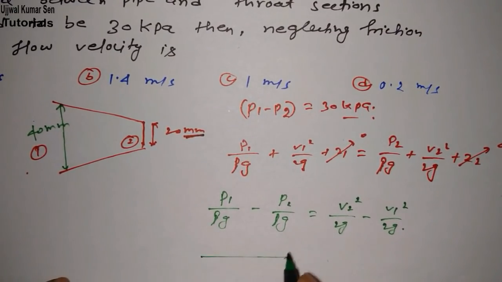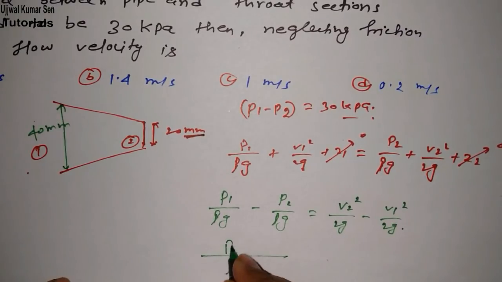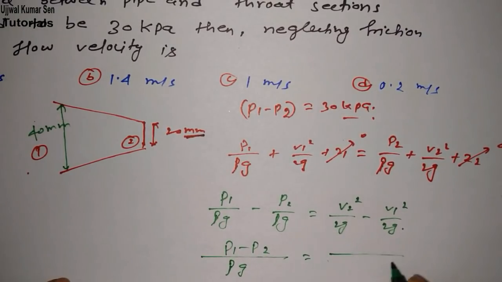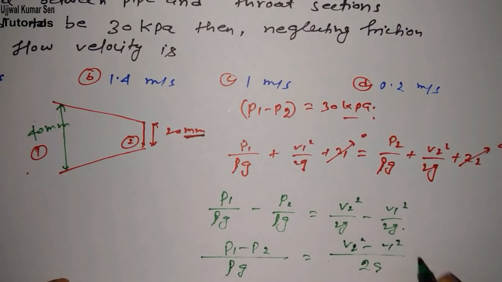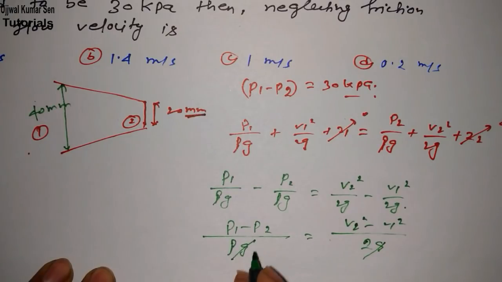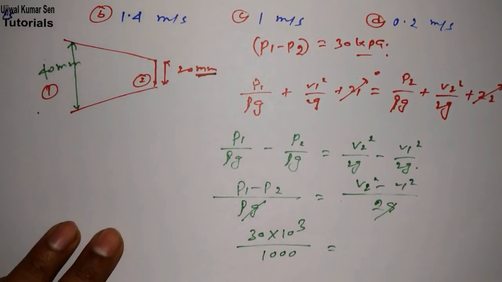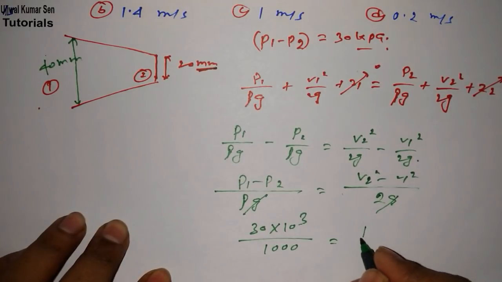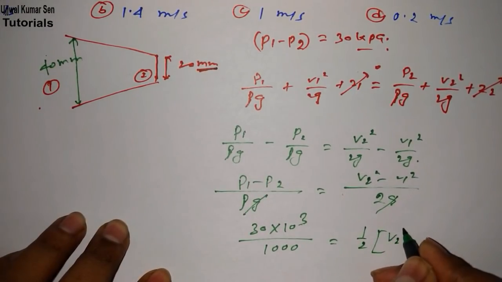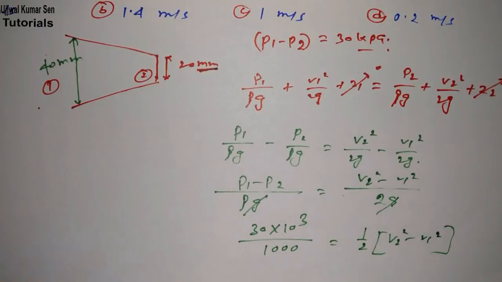Now let's take the LCM: P1 minus P2 over rho g, and here the LCM 2g, V2 square minus V1 square. So g gets cancelled. Again we know that P1 minus P2 is 30 kilopascal, so 30 into 10 to the power 3. Density of water is 1000, right? Now what we got here is half, V2 square minus V1 square.